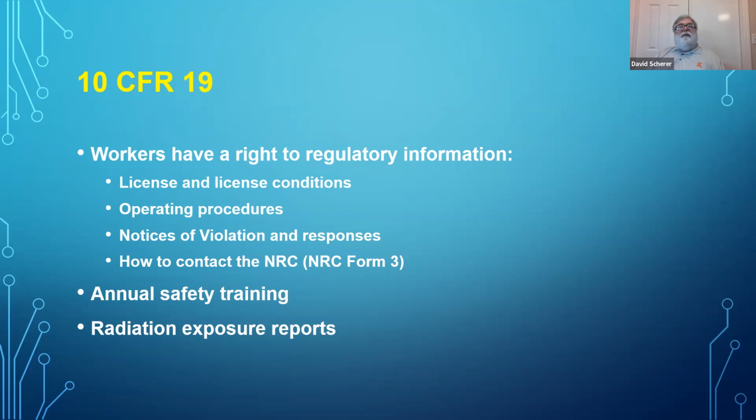Among the things that tells you is what the NRC is and what the obligations of the employer are in terms of safety, and how to contact the NRC if you have concerns. So workers can go to the NRC and if they're denied access to the information they requested, it's a violation of the rules, and the regulatory agency would then enforce the rule.